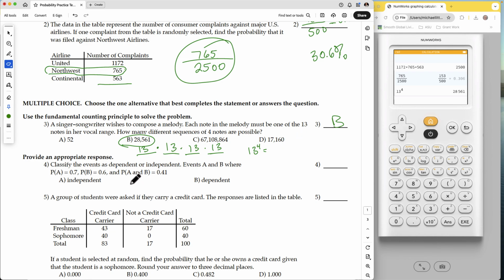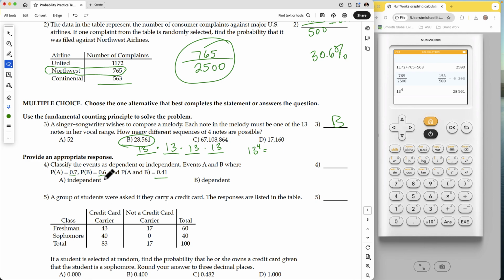Provide an appropriate response. Classify the events as dependent or independent. Events A and B: probability of A is 0.7, probability of B is 0.6, probability of A and B is 0.4. Are they independent or dependent?